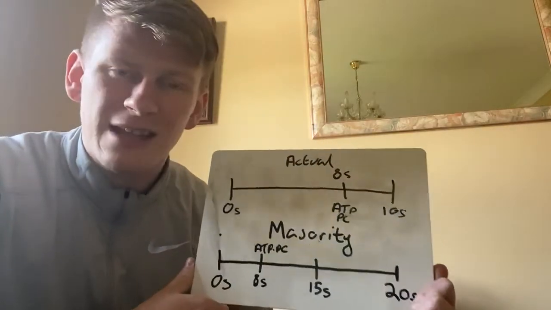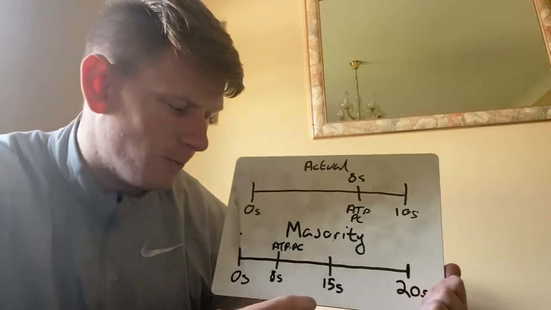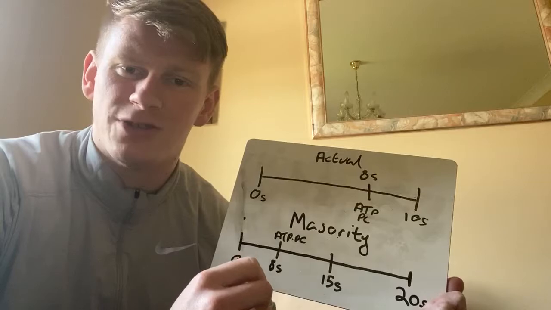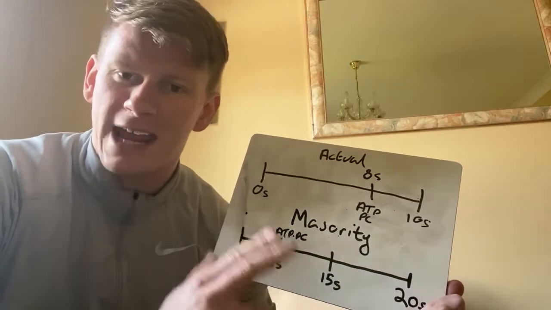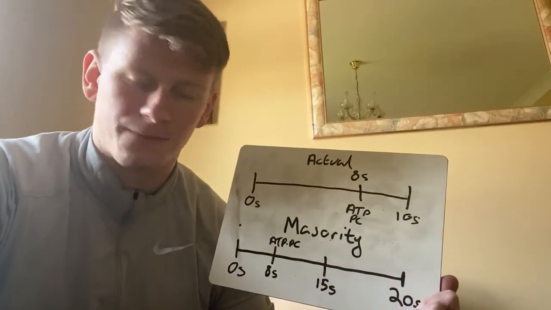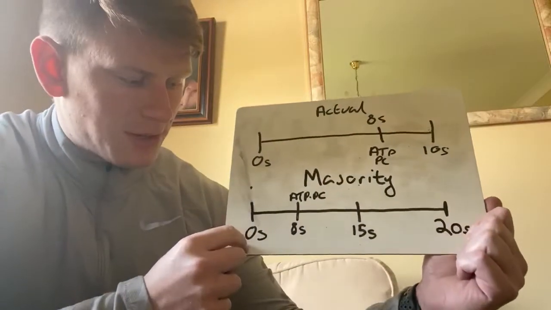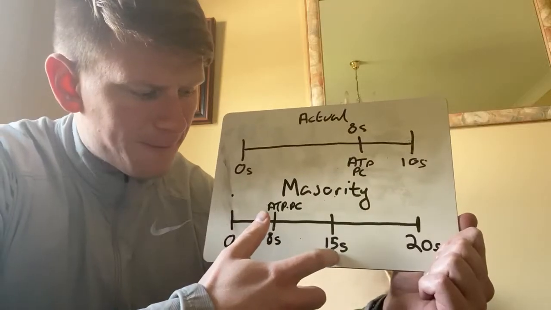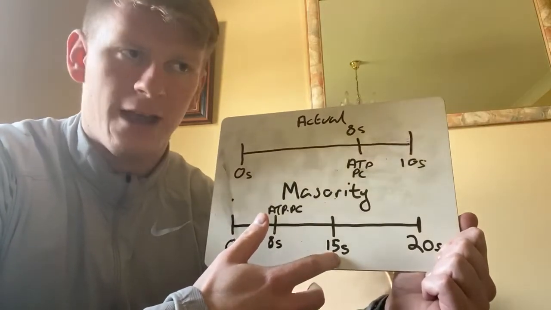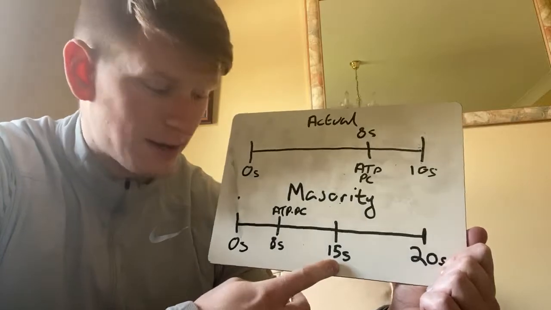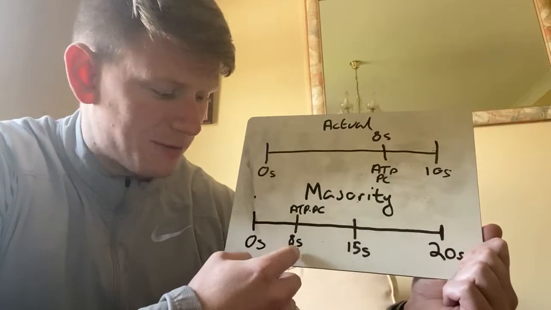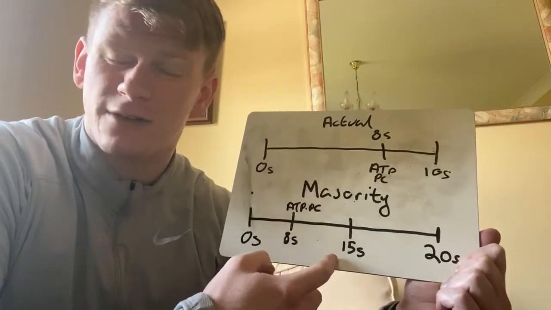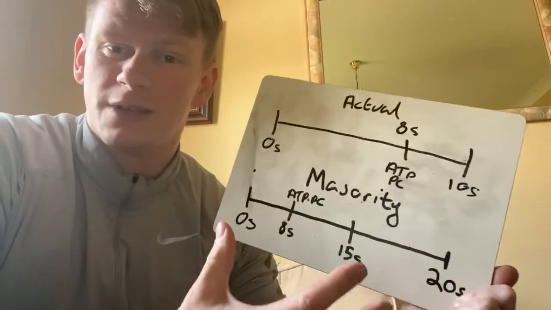So any kind of event that is lasting up to 15 seconds, the majority of energy is being provided by the ATP-PC system. Look here, 0 seconds, it lasts up to 8 seconds. If the event lasted 15 seconds, then it would provide energy for 8 of it, which means another energy system would be providing it for 7 seconds, which means that would be the majority.